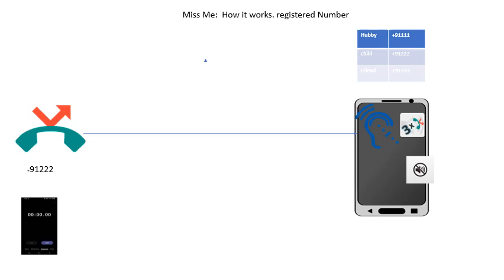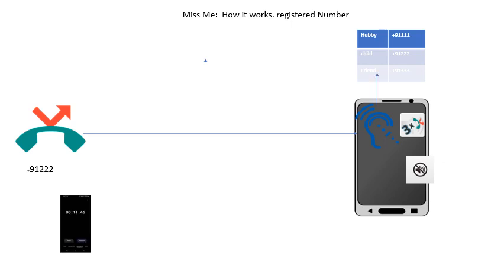When it gets the first call, it checks the database and goes to a state and remembers that it has received one call, the first call. Let's take now the second call. Suppose it is made in the 11th second, and the Miss Me app's background service, which is listening to calls, is invoked again. It finds out that the call corresponds to the child's number, and then it goes to a state that corresponds to the second call from +91222 having been made.